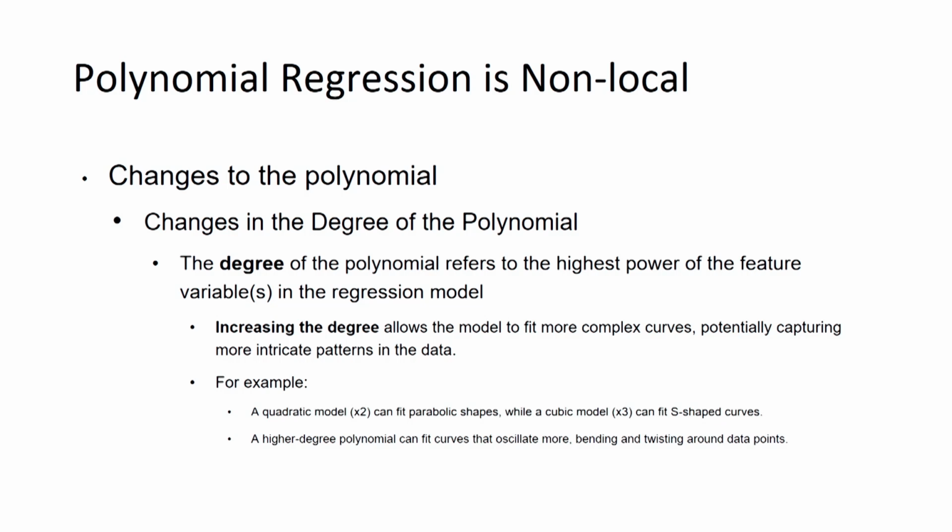So we can say that higher degree polynomials fit curves that oscillate more, and so they bend and twist around the data points. Sometimes they may fit the data better, sometimes there may be a problem of overfitting.